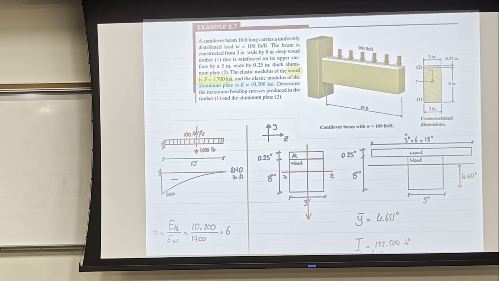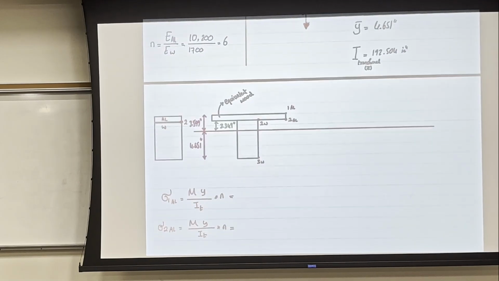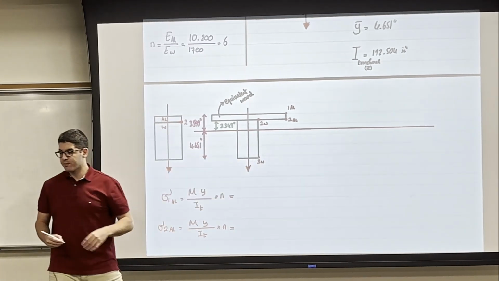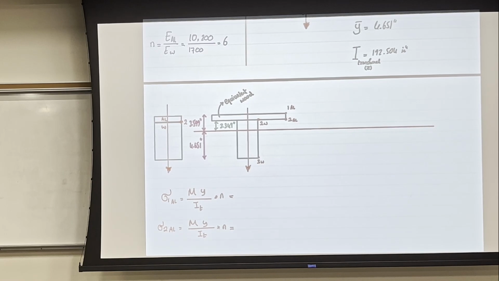And we went through this before. So here is the moment, and the reason why we put the arrow down is because the arrow points toward the compression side. So if I draw the arrow down, it means the lower part of the cross section feels compression, and the upper part feels tension.